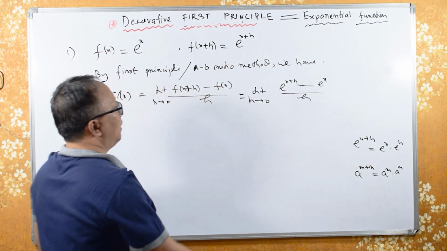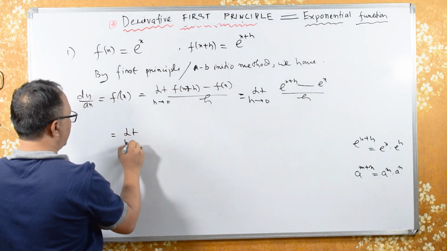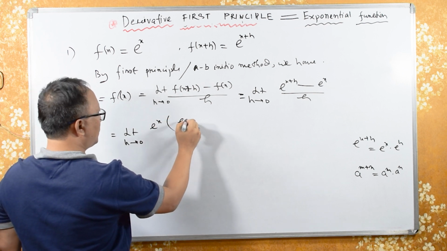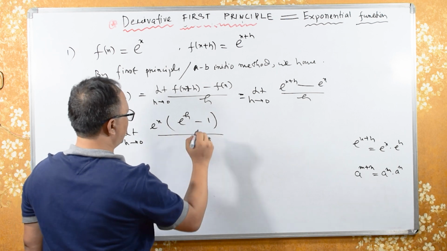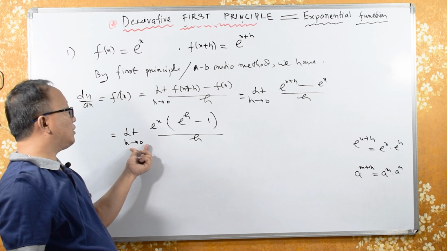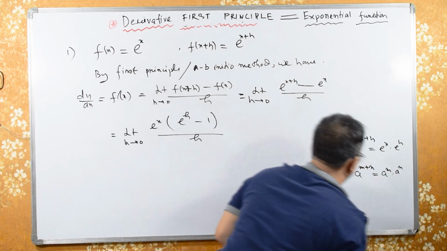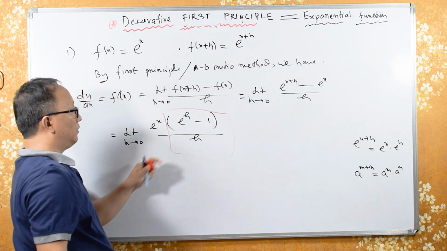Okay. From here, I can take the limit of h tends to 0, and I can take e raised to x common. What I have is e raised to h minus 1 upon h. Now when h tends to 0, this term is what? 1.